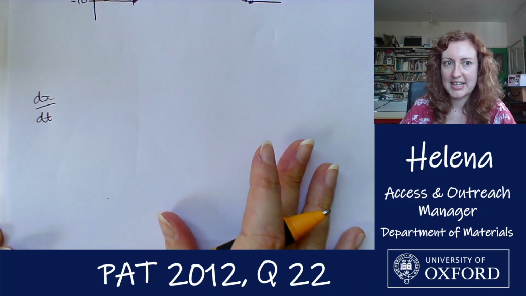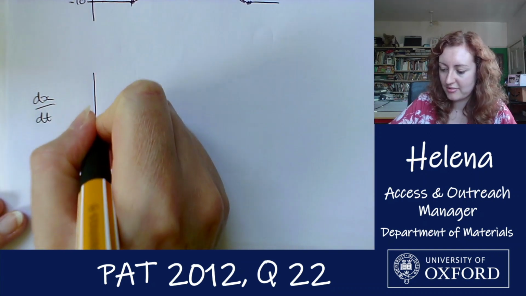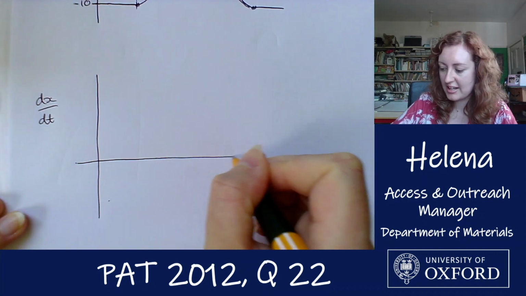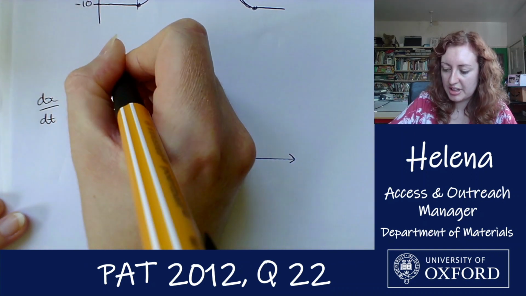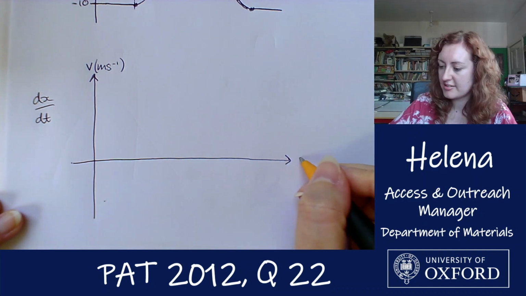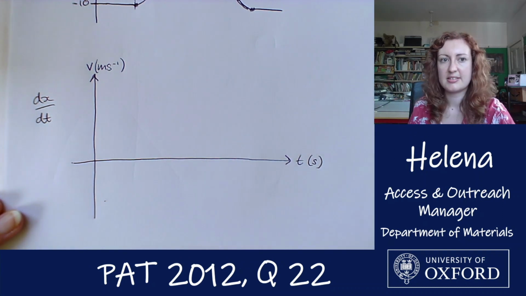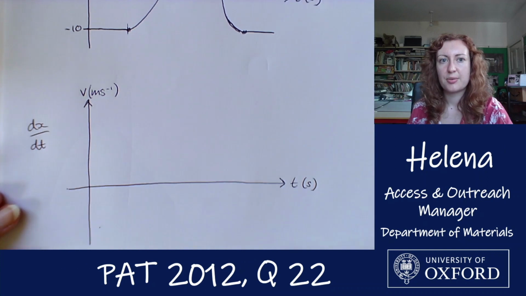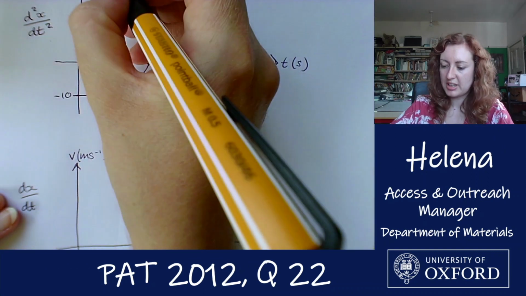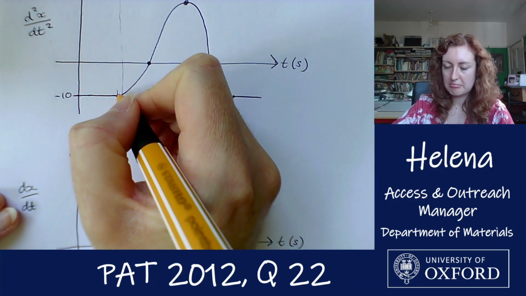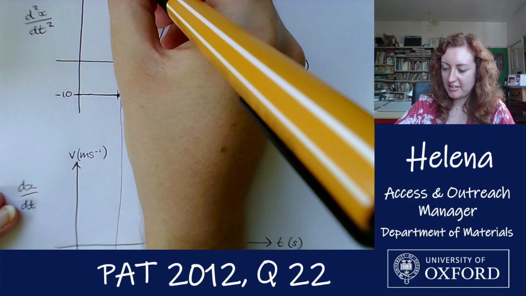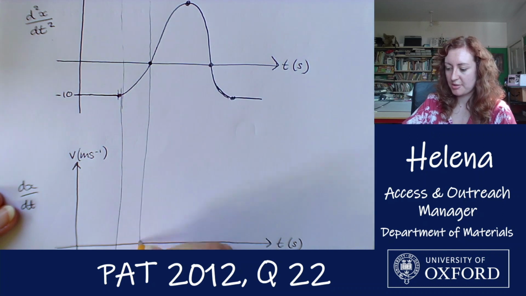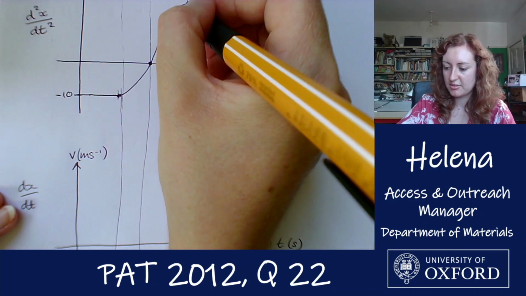Okay, so let's have a look at the velocity. So let's draw our sketch. V in meters per second, don't forget your units, and t in seconds here. Okay, so what I'm going to do is just draw some faint lines down so that I can keep track of these corresponding important points on these two graphs.